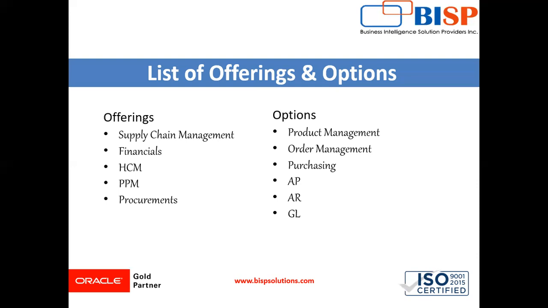Before creating an implementation project, we have to enable these offerings and options in our application. The implementation manager can specify which offerings and which options to include in our implementation project. There is no hard and fast rule for how many offerings we should include in one implementation project.